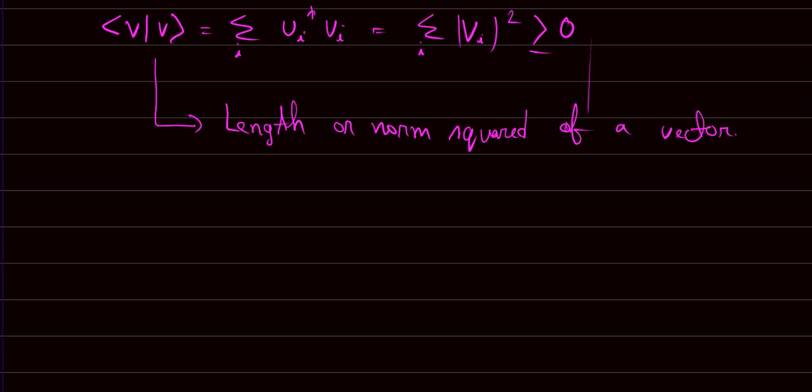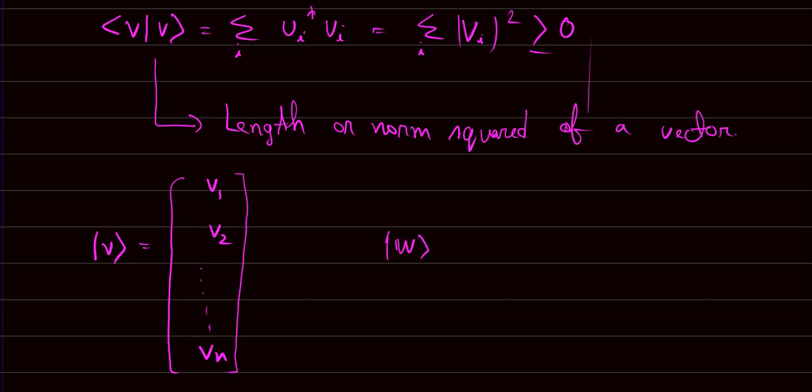If we want, we can represent this inner product in matrix form. How does it look? We can write our kth vector as a column: v1, v2, dot dot dot, vn, represented by a column. And if we take another vector w, it can also be written as a column.